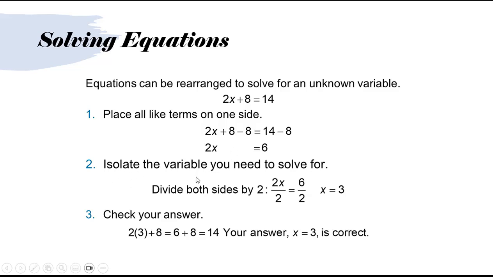Then you isolate the variable by dividing both sides by the number in front of that variable. You can always check your answer by plugging something in for x to see if you get the right answer.